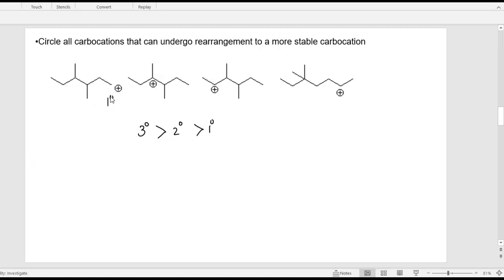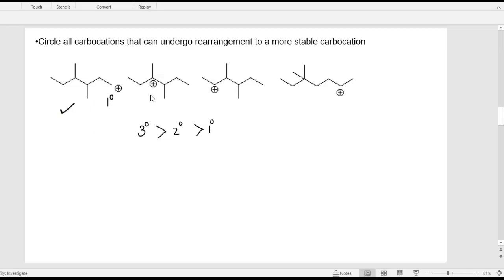Whenever carbocations have the possibility of rearrangement by hydride shift, they can do that. In this case, it can move from a primary to a secondary carbocation by moving the hydrogen from here, a hydride shift. So yes, this one can do a rearrangement.